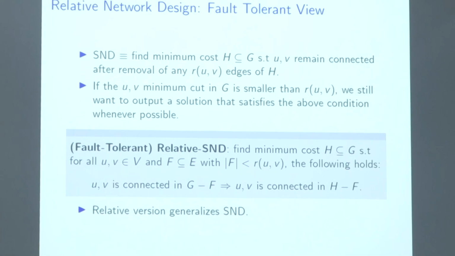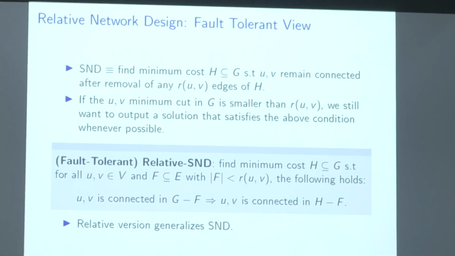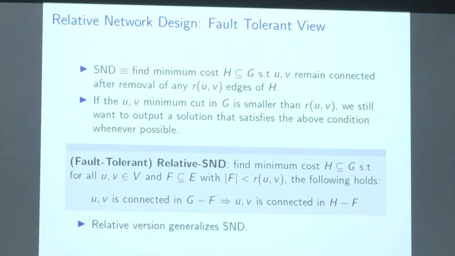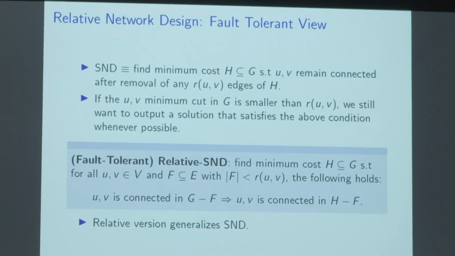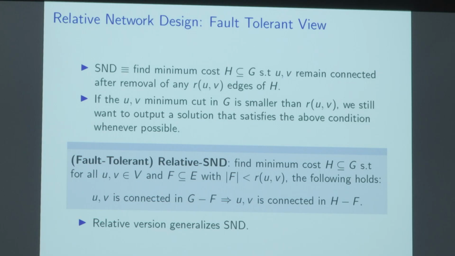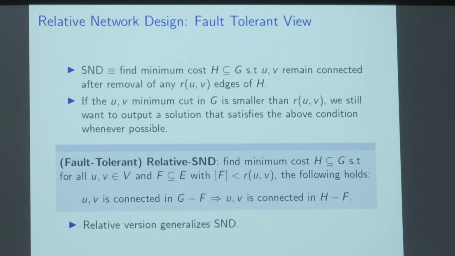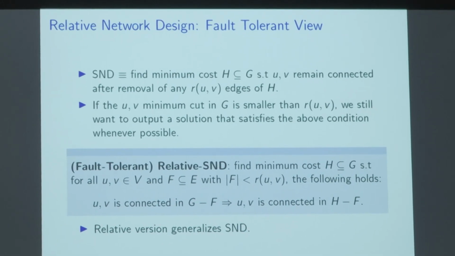So in the fault tolerant model, what we will say is the following. You want to pick a subgraph H such that if you fix any two vertices U and V, and you fix any set of edges F of size strictly less than R_UV, then if U and V are connected in G minus F, that is, if you remove those edges and U and V are still connected, then I want U and V to still be connected in H minus F. So it's a relative thing.